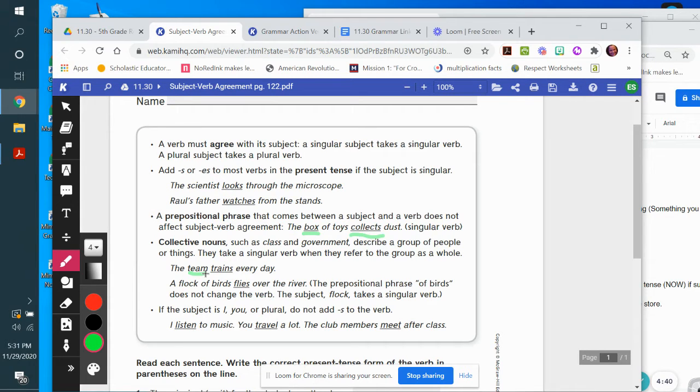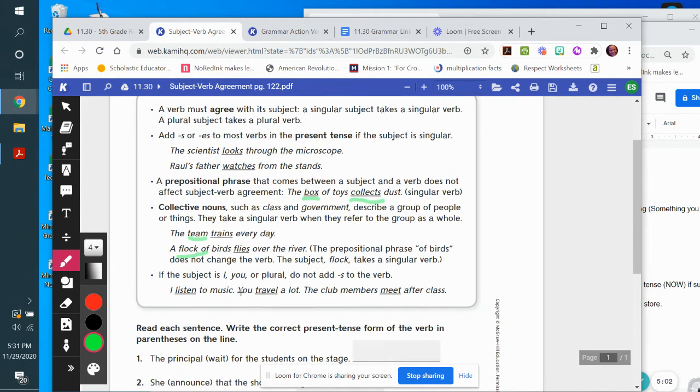But because it's one team, we keep it as singular subject-verb agreement. The flock of birds: there's more than one bird, but because it's one flock, we say the flock of birds flies over the river.